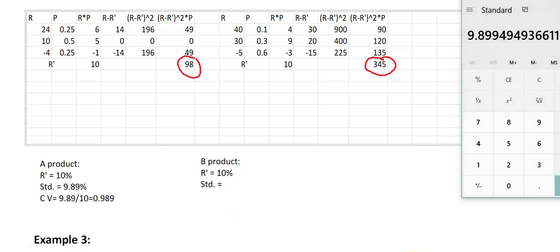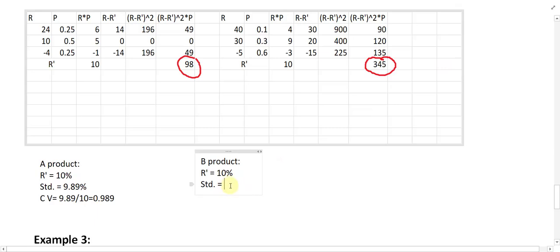Again, you have to take the calculator. How much is the amount? It is 345. Take the standard deviation. Standard deviation is 18.57 percent, right?